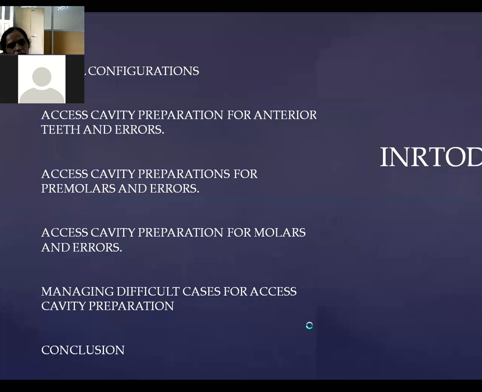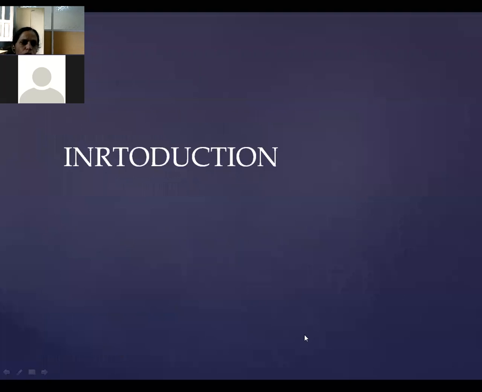Starting with this, we do the access cavity preparation as the first step of RCT. And why do we need to do RCT? To remove the necrosed pulp or irreversibly damaged pulp.